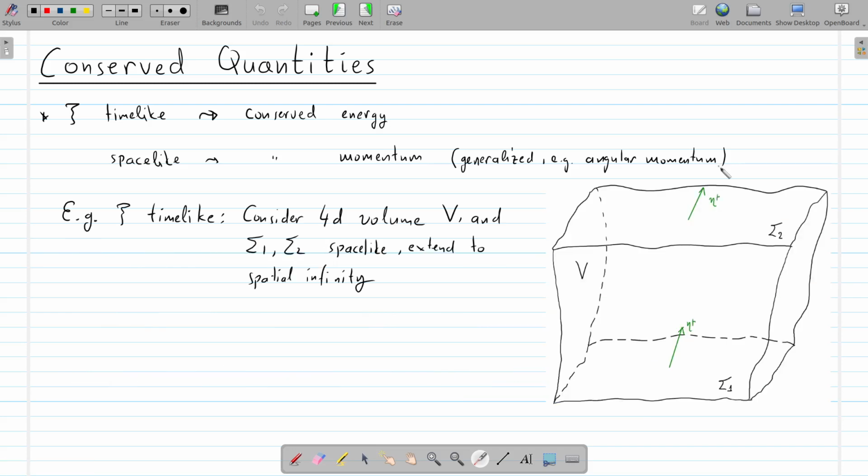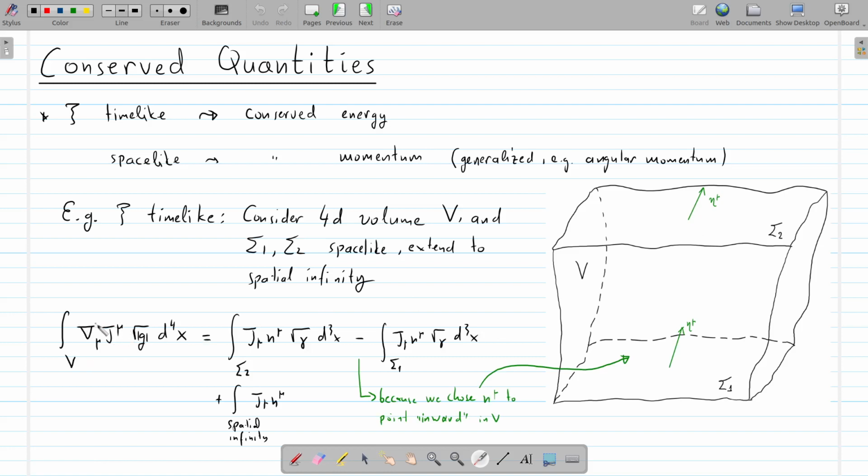So let's see in more detail the case where xi is time-like. Let's consider a four-dimensional volume V such that it is bounded by two space-like surfaces, sigma 1 and sigma 2, and it extends up to the spatial infinity. Eta are the normal vectors to the two surfaces, and the direction is taken as shown in the figure.